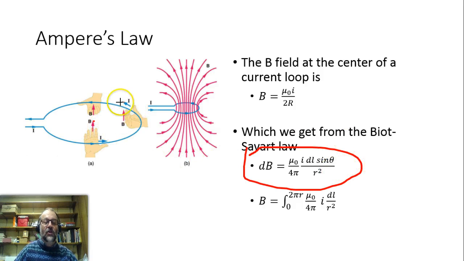As you go around this, sine theta is constant. You're just integrating from 0 to 2 pi r of mu naught over 4 pi I dl over r squared, and you end up getting B equals mu naught I over 2r.